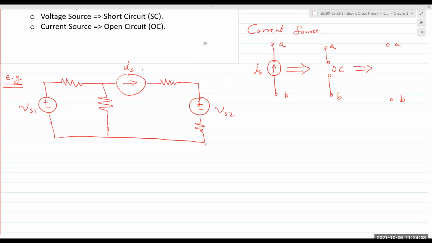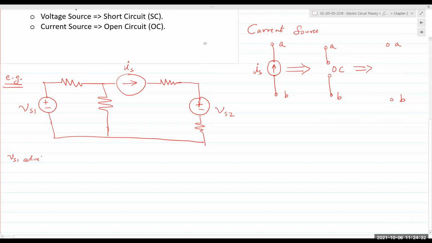Then we redraw the circuit diagram with only VS1 active, and the others are turned to 0. Then we draw a second circuit diagram with only VS2 active, and the rest are reduced to 0. And then only IS active, and the rest are reduced to 0. So, 3 separate circuit diagrams. Let's take a look at VS1 first.